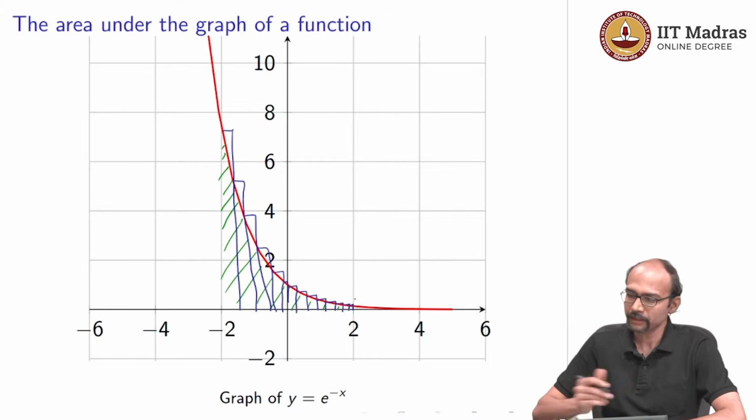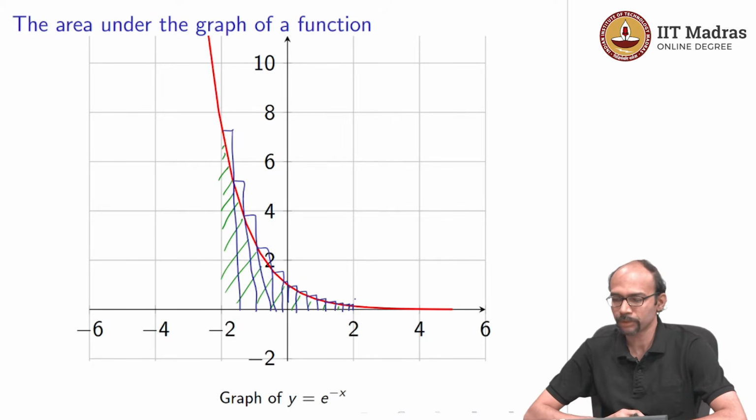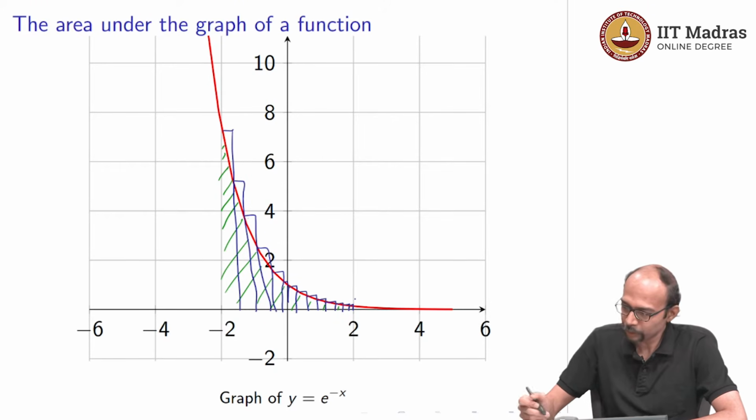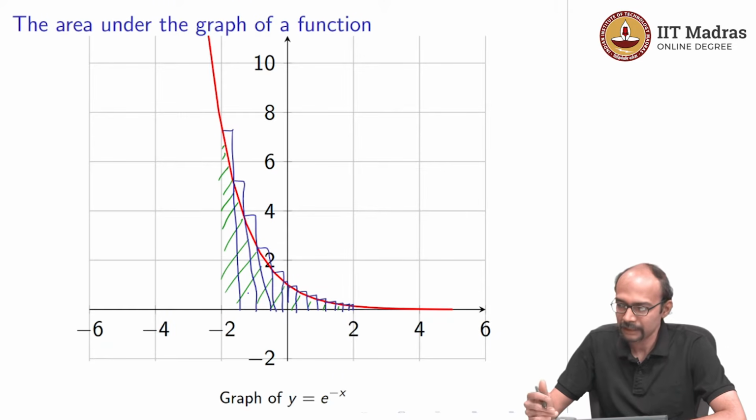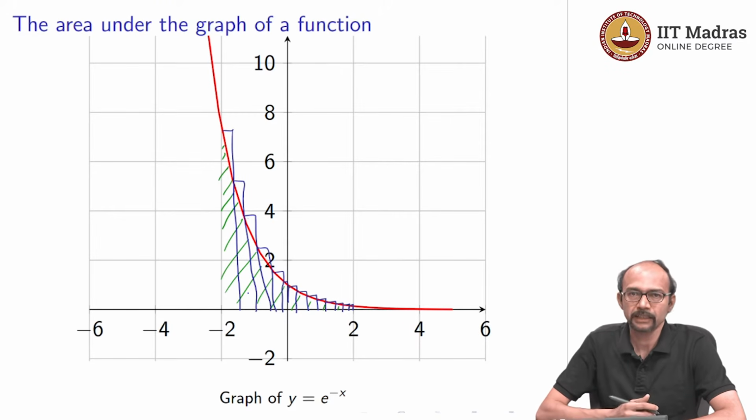So you take this set of rectangles, you compute its area, and then you shrink these intervals and take smaller and smaller rectangles. You can see that if you take small enough rectangles, the area that you want, which is in green, you can approximate as well as you want.